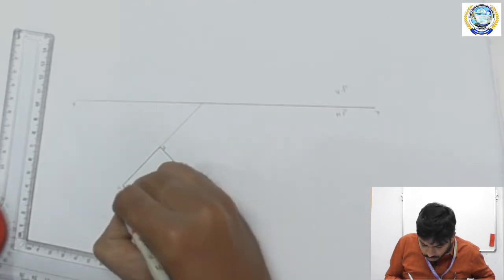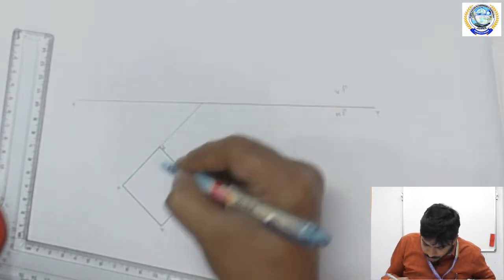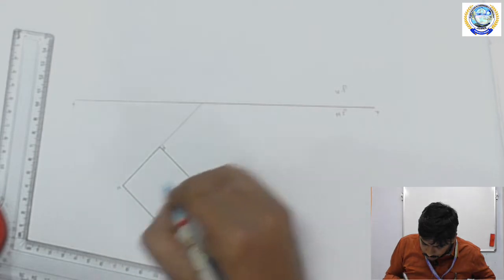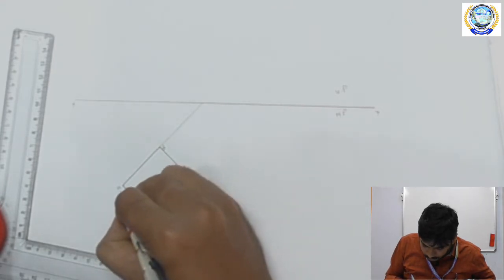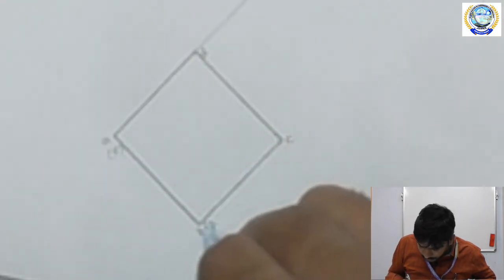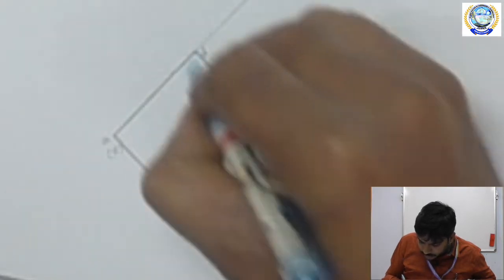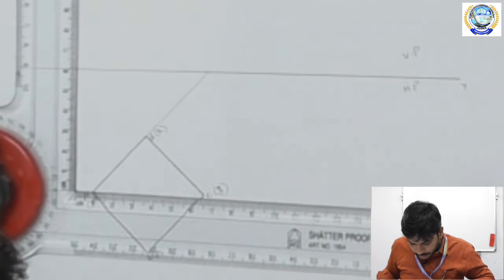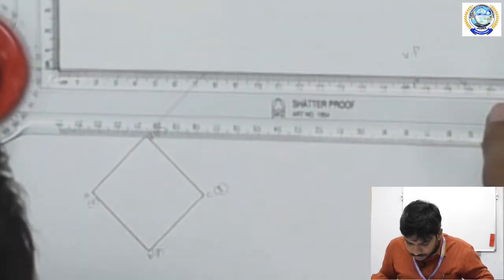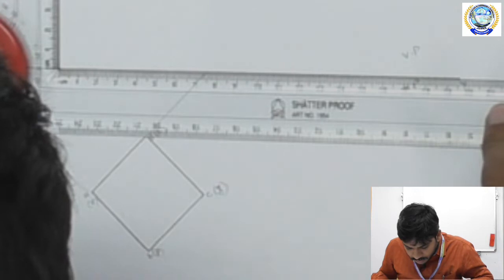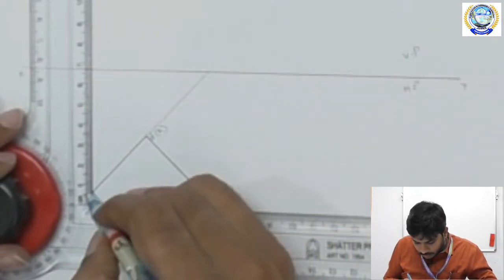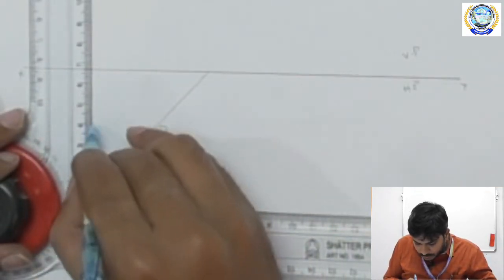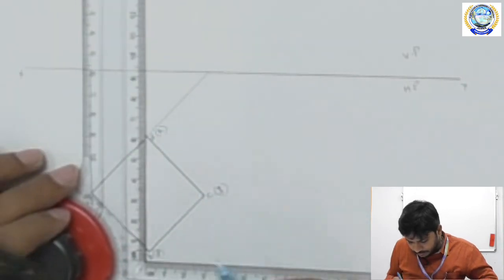So I am placing the bottom base names E, F, G, H. Then again we have to extend these points up to the reference line.